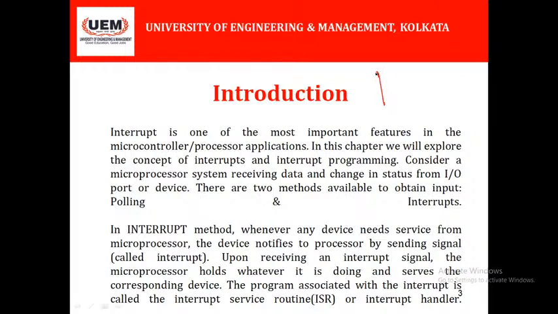For example, suppose there is an input device that needs to communicate with the microprocessor. Then this input device will send the INTR signal or TRAP signal, or RST signal, whatever, to the microprocessor.